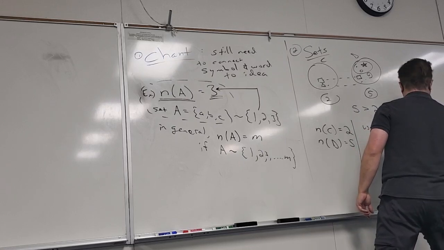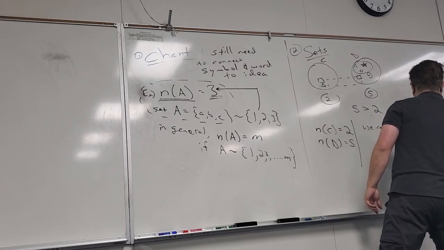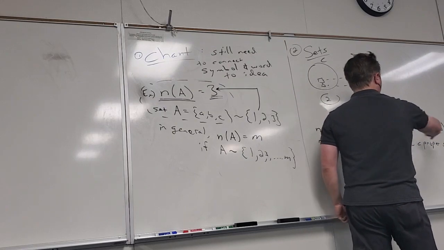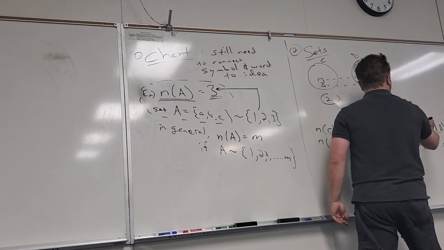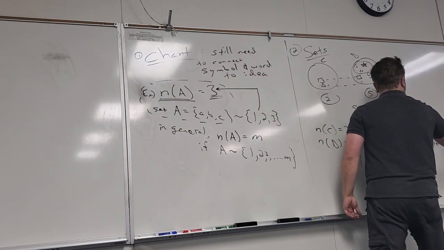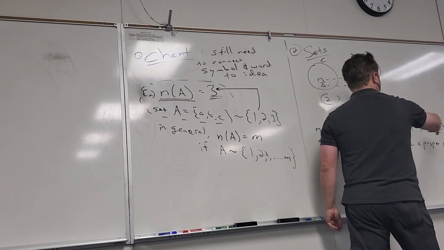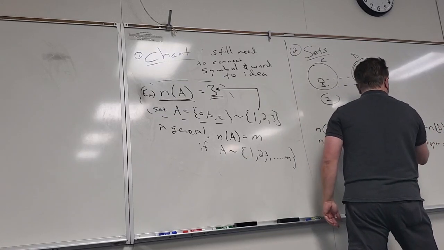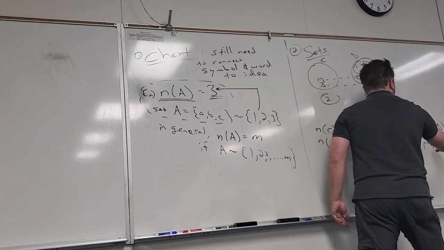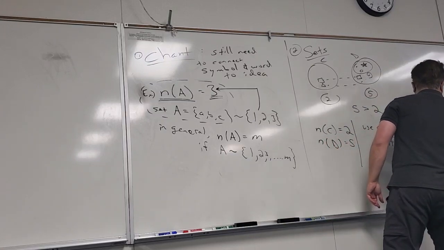I'm writing this in general, but let me make it C and D. So we can say that the number of things in C is less than the number of things in D if C is equivalent to a proper subset of D.